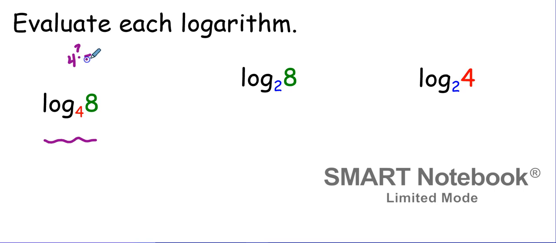So 4 to what power gives us 8? That's the question. Well, 4 to the first is 4, and 4 to the second is 16, and 8 doesn't fall neatly into one of those answers. And so we would have to either estimate it or use a calculator or something like that.